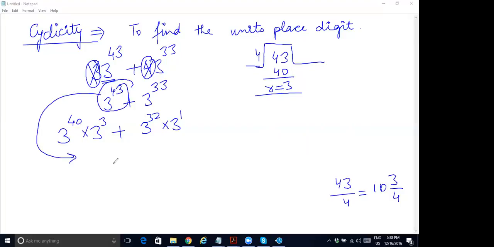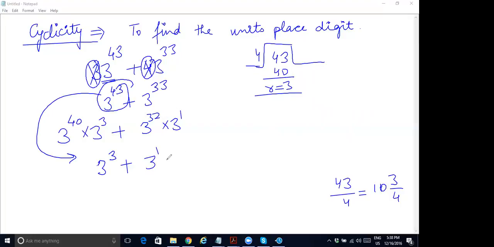Change the exponent of 3 with the remainder, because 3 to the power of 40 means the units place becomes 1. So only 3 to the power of 3 is left for the units place, plus 3 to the power of 1.